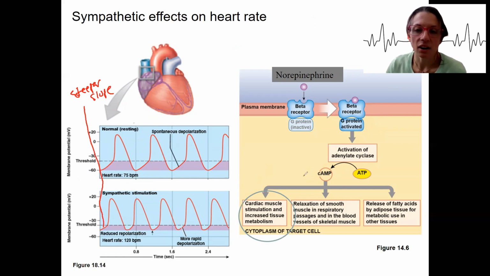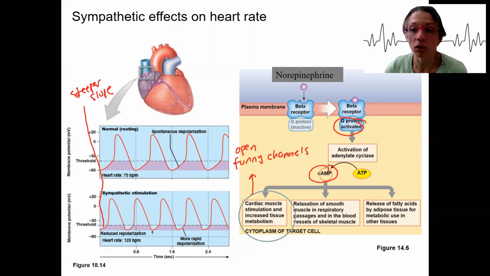So one consequence of norepinephrine binding to the beta receptor, activating G proteins, activating cAMP, is of course cardiac muscle stimulation. This can actually open our funny channels. Simple, right?